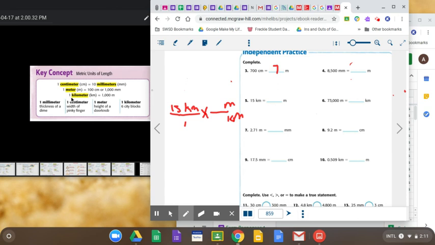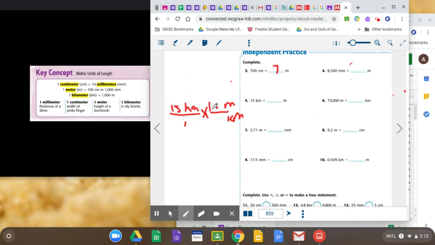It says 1 kilometer equals 1,000 meters. So we put 1,000 here, over top of 1. So what you have here is 15 times 1,000 and 1 over 1. So your answer for this one is 15,000.